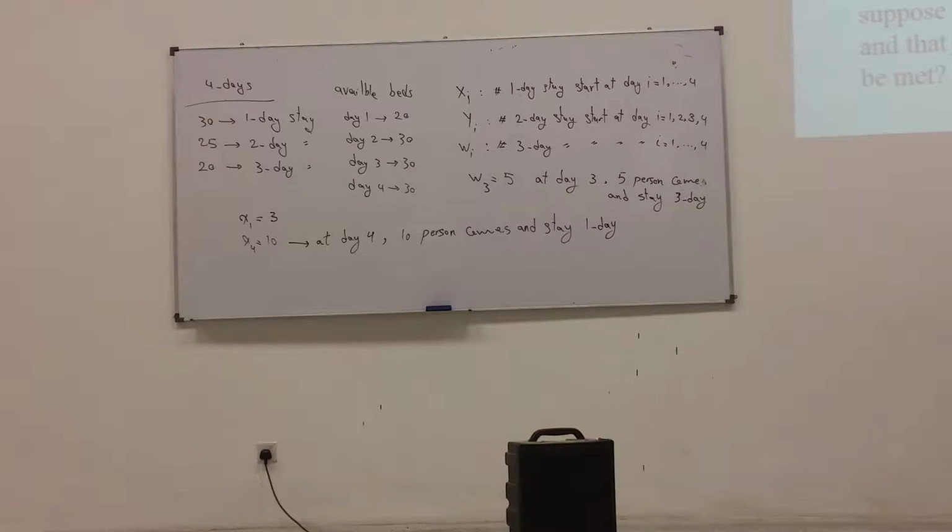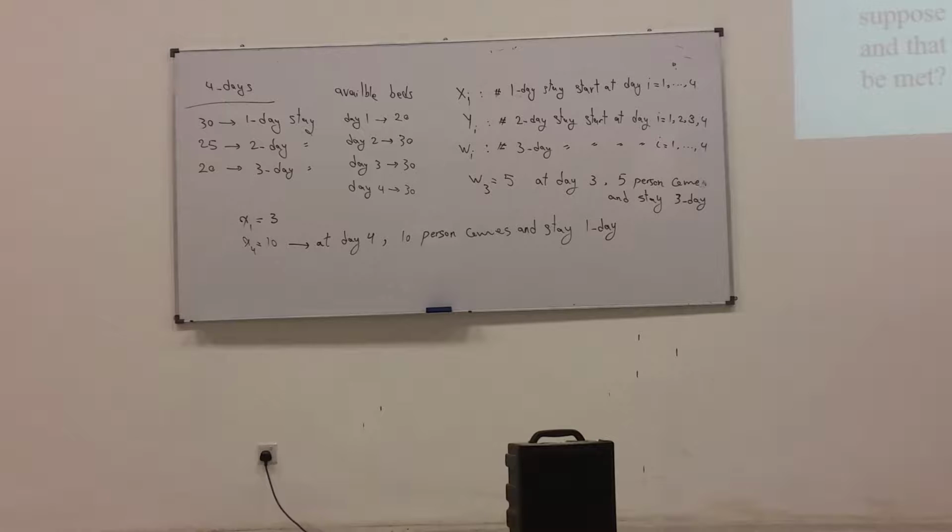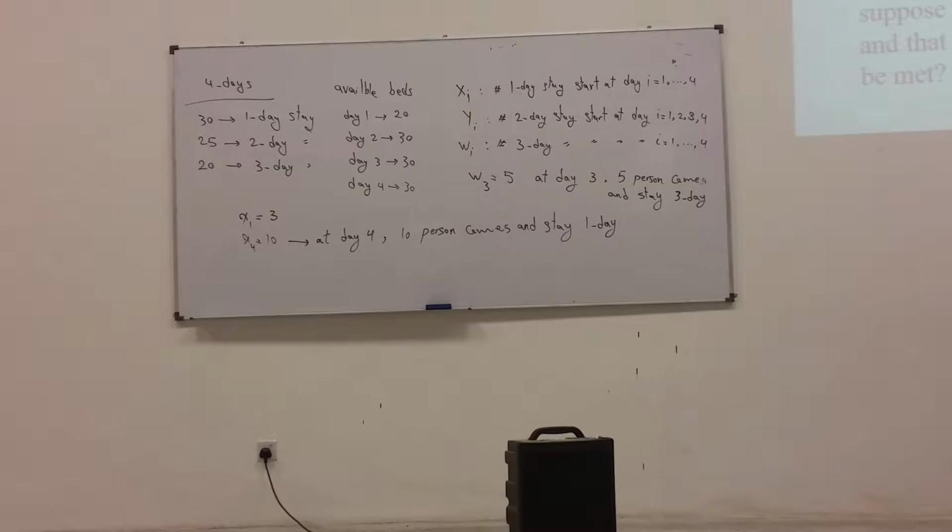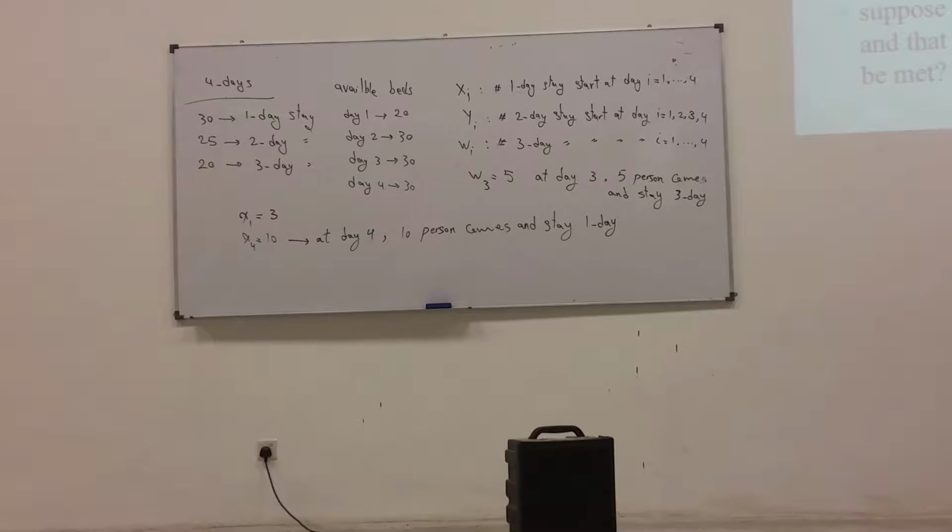Y3 we have, because they stay on day 3 and 4. Then W1 is finished because it starts from day 1 to day 3. W2 and W3. This should be less than or equal to 30.